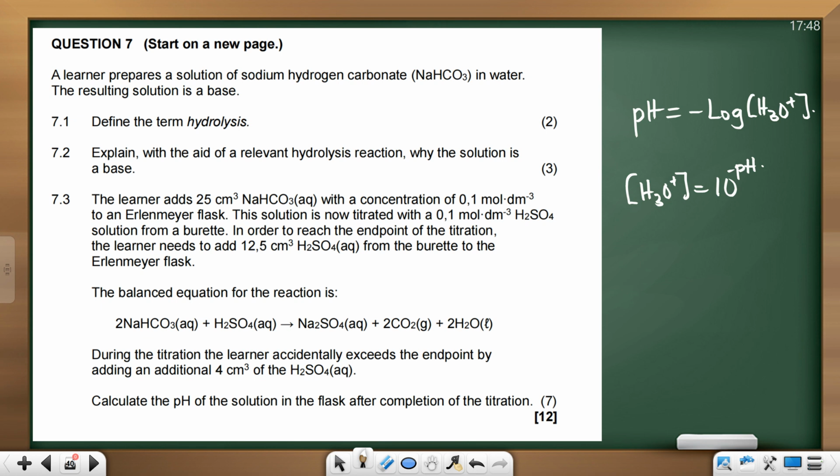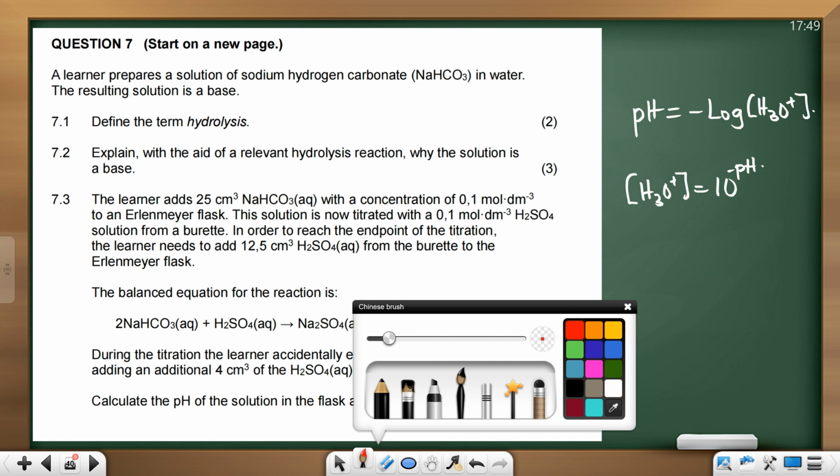All right, guys, let's just quickly look at the last calculations. I think that's where the challenge might be. So, I'm going to go straight to 7.3. All these definitions, you should know them by now. Let's read carefully.